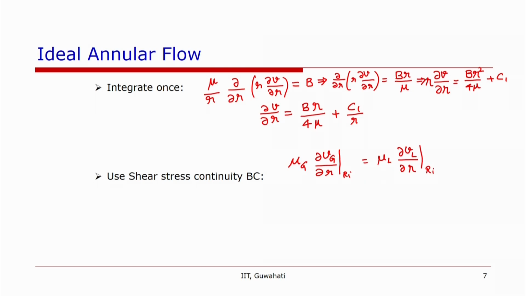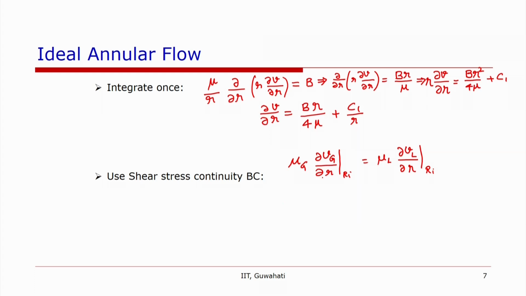So if we substitute here, we will have 4 constants basically when we integrate this further. So we will have this term written for 2. So we will term these constants as C1L and C2L for 2 different things.